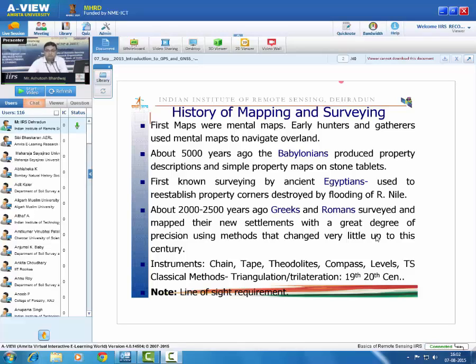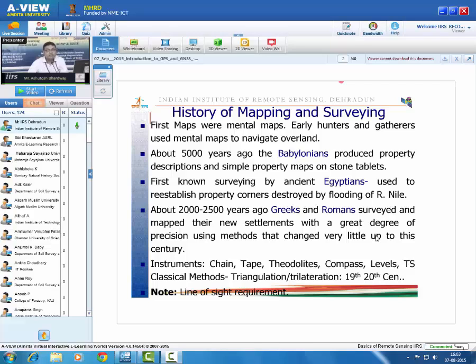The instruments before GPS, all of which used triangulation and trilateration to solve surveying problems, had one common requirement, and that requirement was clear line of sight. Whenever you have to survey between 2 points A and B, they should be clearly visible if you want to do the survey for both points in a single step.